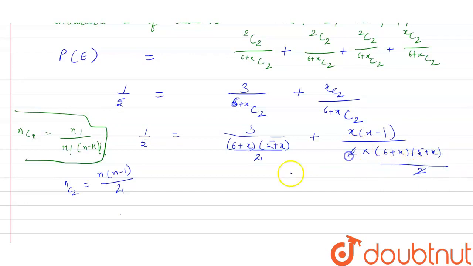This 2 and this 2 will get cancelled. So after this, this 2 will go in the numerator. So 2 threes are 6.